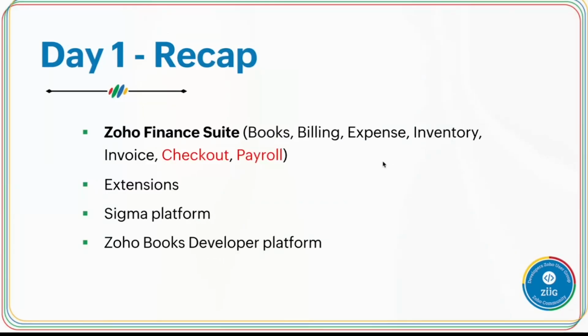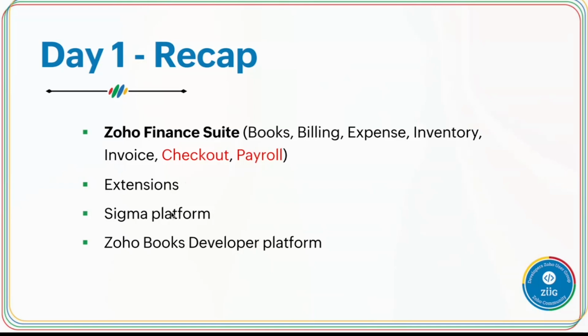Before we get into today's session, let's see a quick recap on our earlier sessions. In our day 1 session, we introduced the 7 different Zoho products that constitute the Zoho Finance Suite. Then we explained what extensions are and how they are useful.